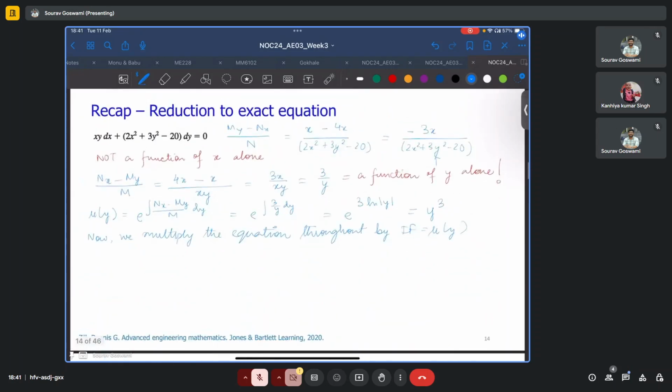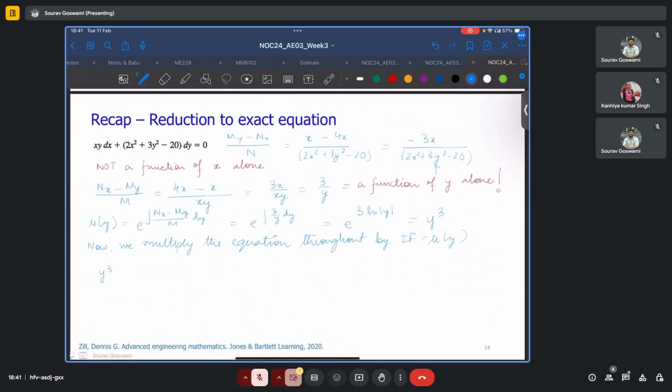So y cube times xy dx plus y cube times (2x square plus 3y square minus 20) dy equals y cube times 0, which will be 0, which implies that xy power 4 dx plus (2x square y cube plus 3y power 5 minus 20y cube) dy equals 0.